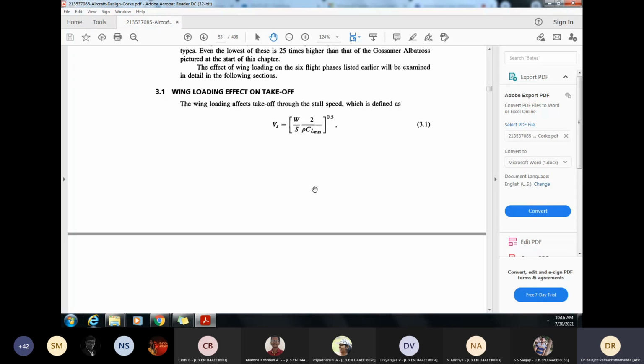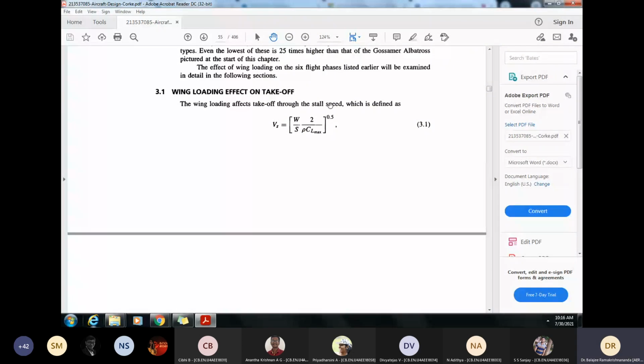CL is L by half rho v squared S. Most of the time we'll approximate L equal to W. There are times when we don't do that, where L is some load factor times W, nW. For this, we can approximately say lift is equal to weight. So if we invert the equation and solve for velocity, you get V equal to 2W by rho S CL, the whole power half.